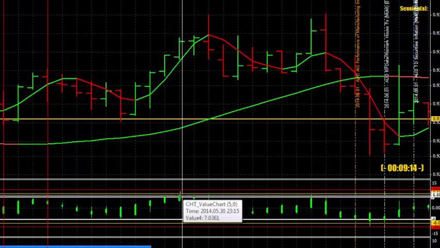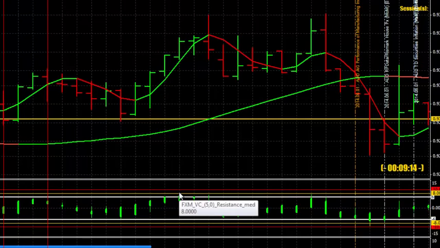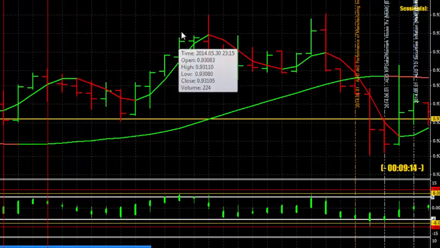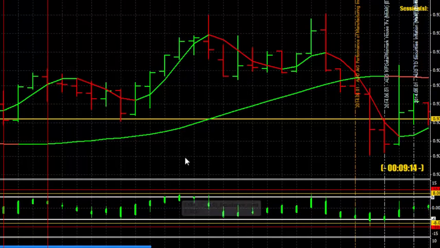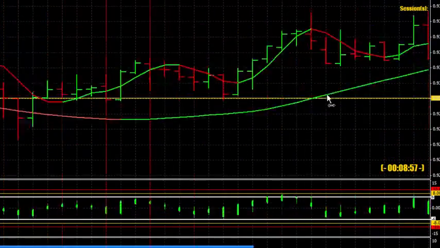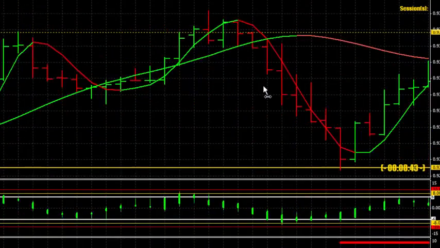So it reached the -8, so we know this is overbought at that point. We're not really looking for an entry. We'd probably just wait for the next best possible setup at that point, instead of looking to take another call option here, and then we know this is already overbought, so we don't want to do that. So the value chart is a filter for the system, and this is a free system.